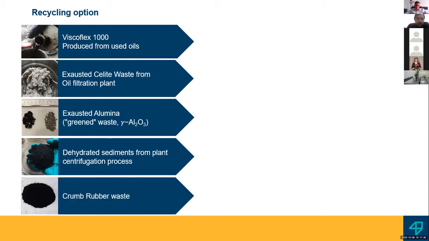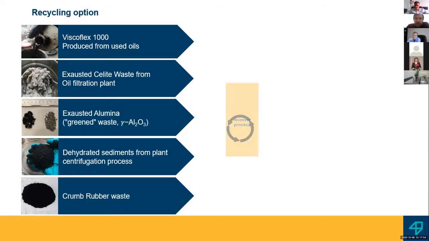And the last one, but this is not from the plant, this is from another industry, Ecopneus, and this is the crumb rubber waste, which was mentioned previously in the presentation.